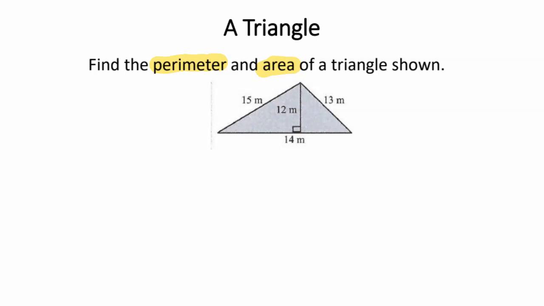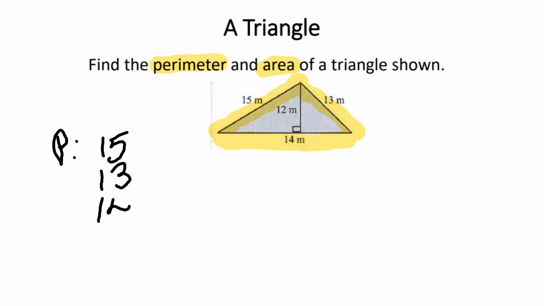Now, the perimeter is very easy. In a triangle, it's the distance around. So when I talk about the perimeter, it is 15, 13, 14. I'm going to put them in columns. That way I don't forget to add them all.